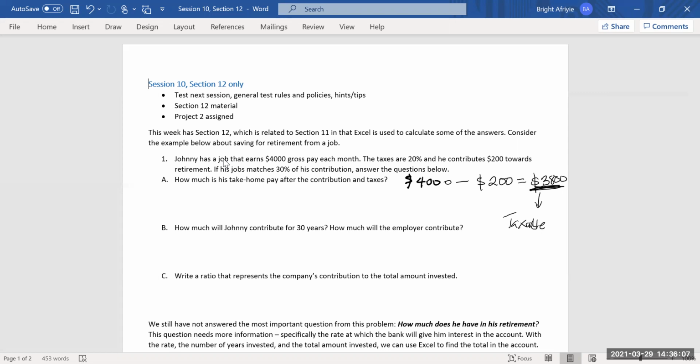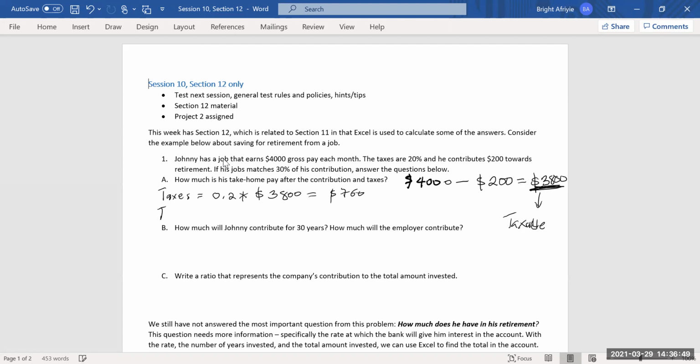Now we want to know how much of this will go into taxes. For taxes, 20% is 20 over 100, which is 0.2, multiplied by 3,800. And what do you get for that? 0.2 times 3,800 gives you 760.